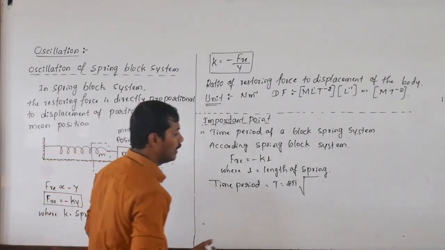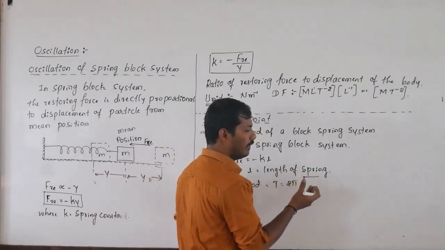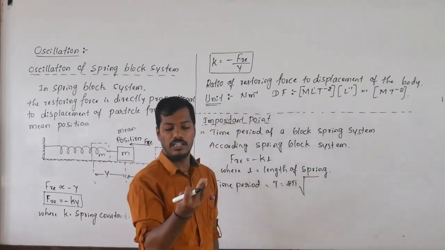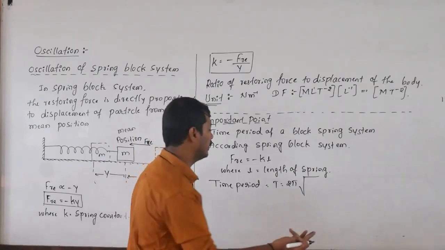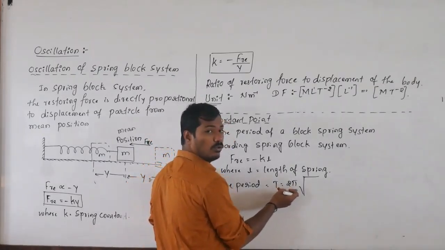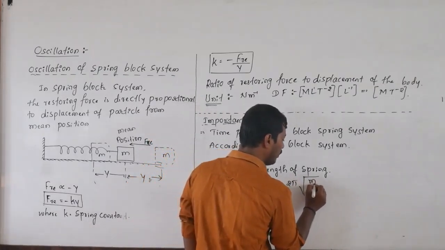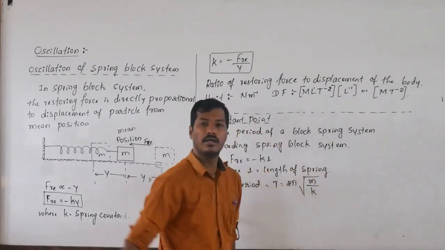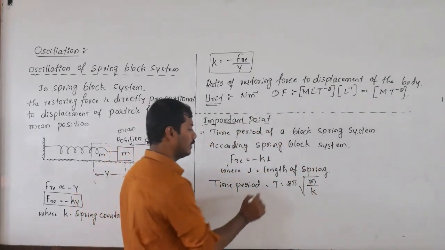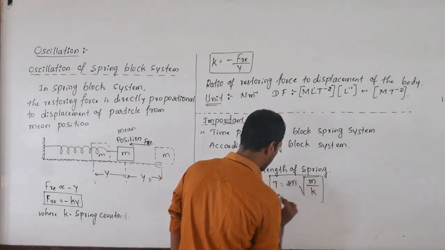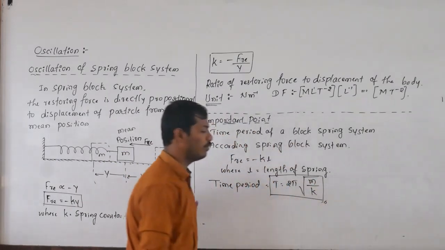Then what is the relation between the spring factor, the inertia factor, and time period? That is nothing but T equals 2 pi square root of M divided by K. It is the time period of a spring block system.